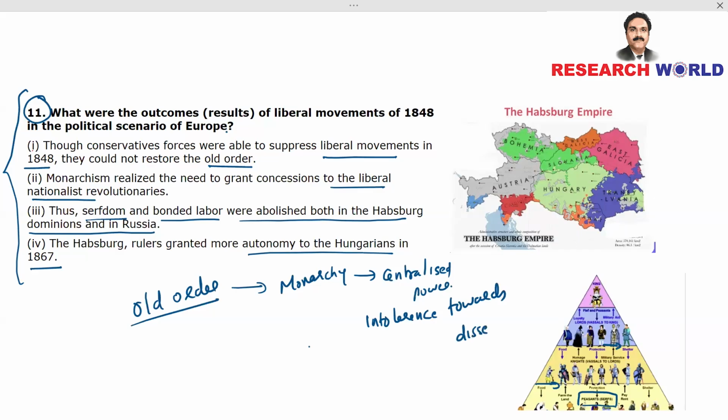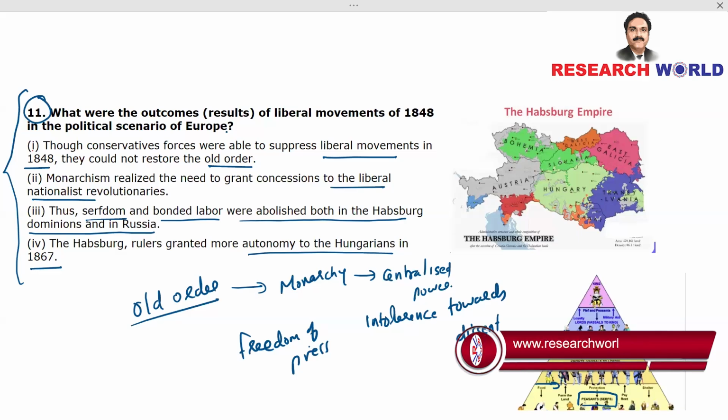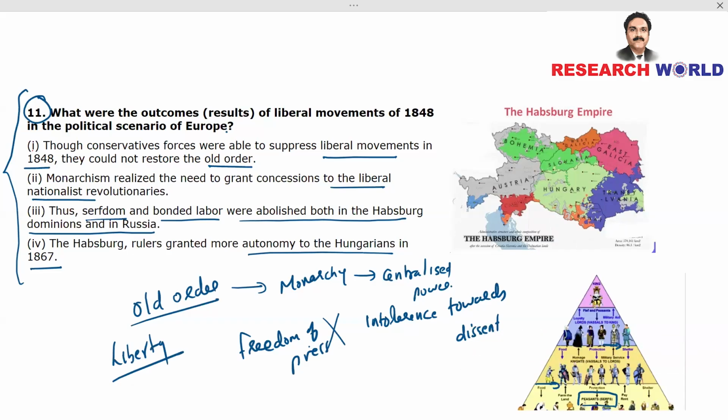Anybody who disagrees with you will be immediately punished. No voice of dissent was allowed, and freedom of press was curtailed. Journals, newspapers, nothing were allowed to write anything against the ruling class. Okay, so freedom of press was curtailed. Overall, the idea of liberty was not accepted in those days. That is called the old order.